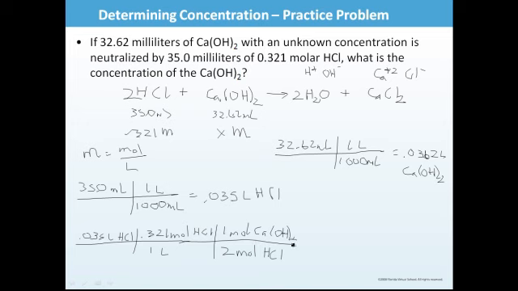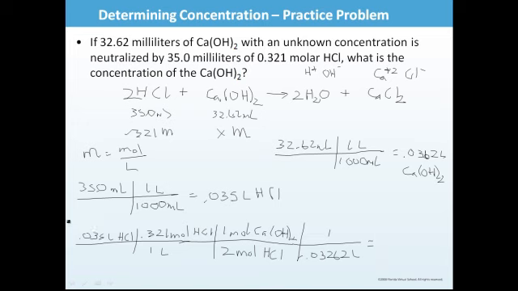All right, now that we have moles of CaOH2, remember molarity is moles divided by liters. So for our last step, all we have to do is divide by the volume, 0.03262 liters, and that will give us the molarity.